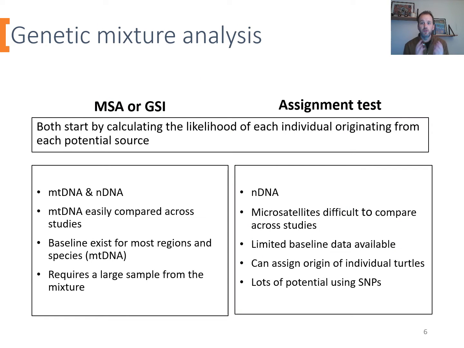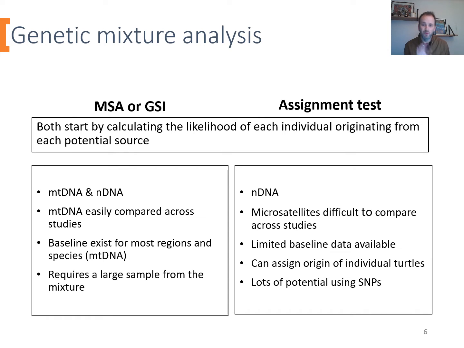So there are essentially two approaches that are used to assess connectivity using genetics. There's mixed stock analysis, MSA, also sometimes called genetic stock identification, and there's assignment tests. Both are based on the principle of comparing the genetics of samples to a reference baseline so that we can assign population origin. But the two approaches differ in a few significant ways. I think most importantly, mixed stock analysis can be used with both mitochondrial DNA and nuclear DNA.